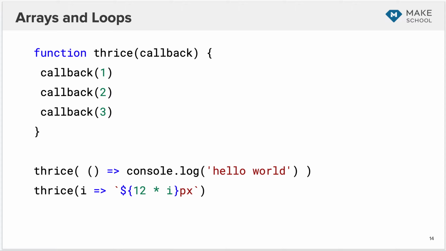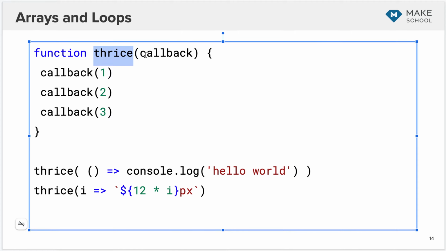So let's talk a little bit more about the callback itself. What if we wanted to write our own function that had a callback? You could write a function here, and you could have it take a parameter, and I called my parameter callback to make it kind of clear what it is, but this variable expects a function.